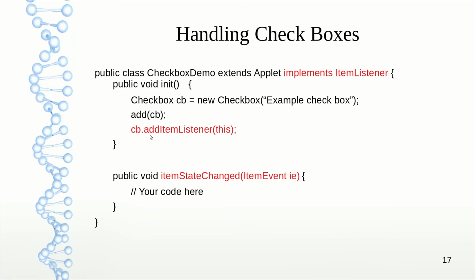Then we register the event listener class associated with this checkbox using add item listener method. The present class itself acts as the event listener class for this checkbox, and hence we have the implementation of the method item state changed, which we can use for overriding the default implementation. This item state changed function receives an object of the item event class.